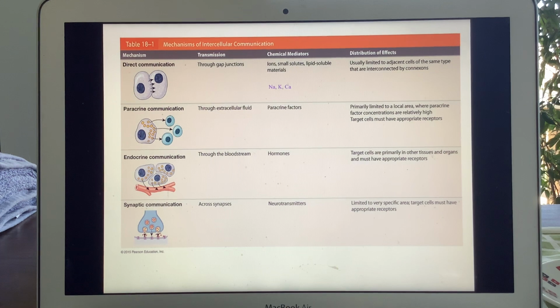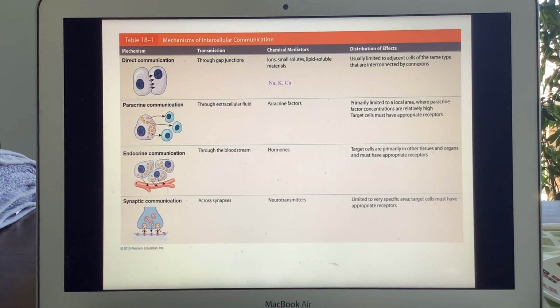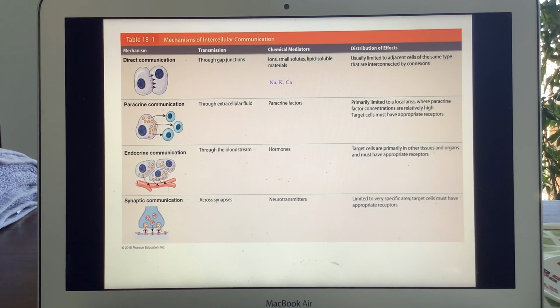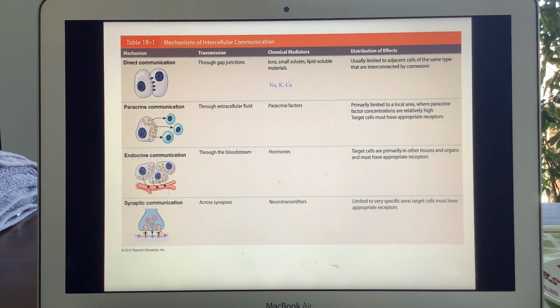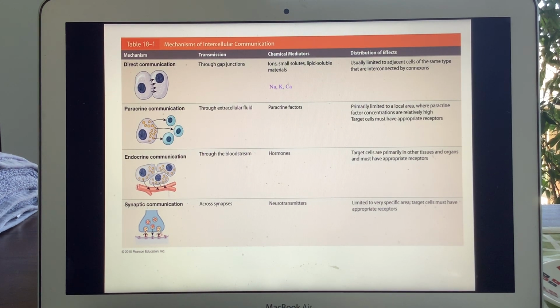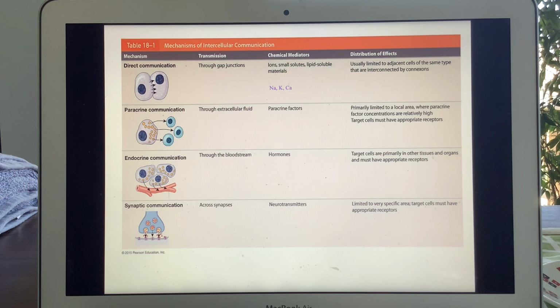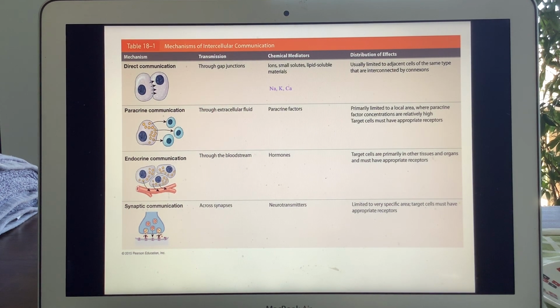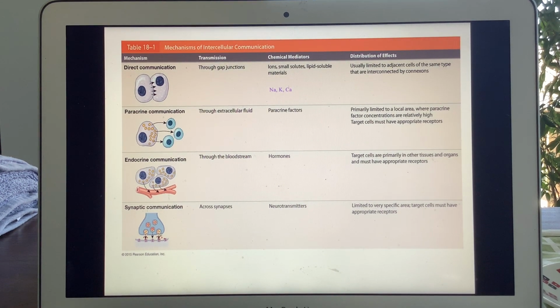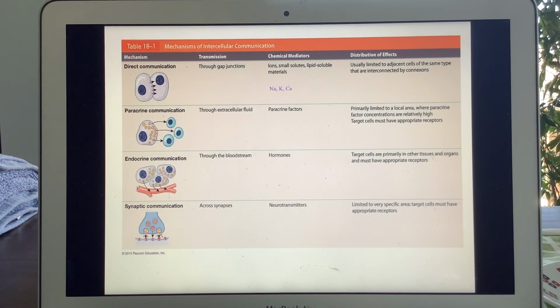If you look at the next row, paracrine communication. If you remember, para in Latin always means around, and crine, C-R-I-N-E, means secretor. So when we talk about paracrine communication, it is an around secretion, or it's easier to think of as a local communication.